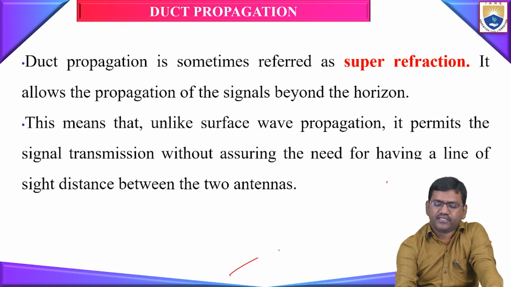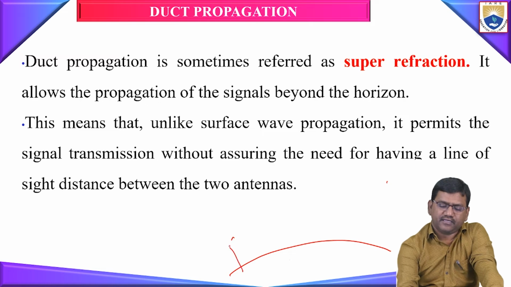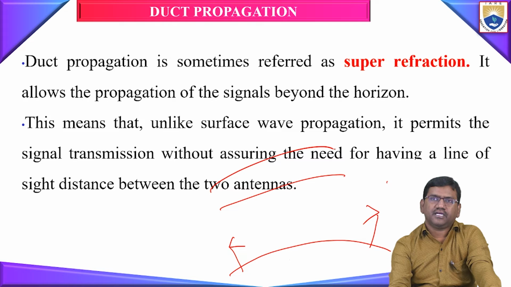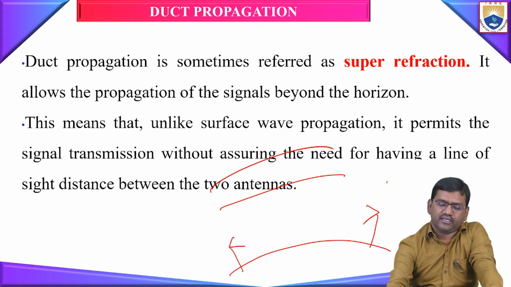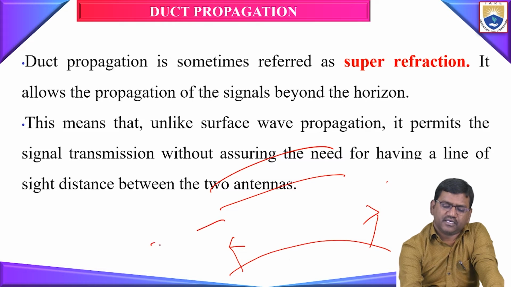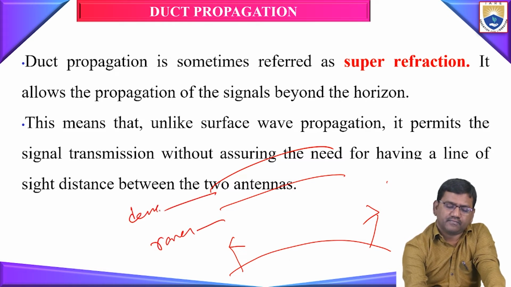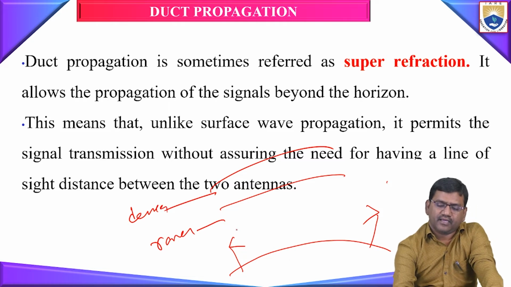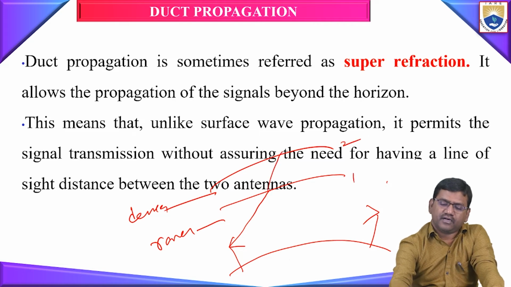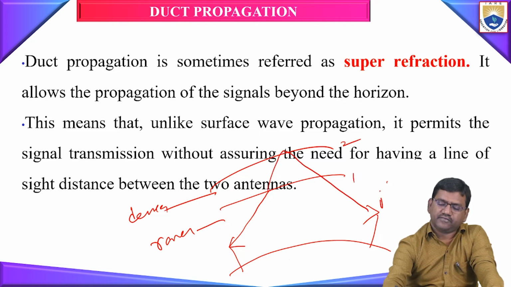You can see here, if you take a transmitting antenna here, and here there is a receiving antenna, here there are two layers. Here there is the rarer medium, and this is the denser medium. When the wave is traveling, the refraction takes place, 1 and 2, and the wave comes directly to the receiving antenna.